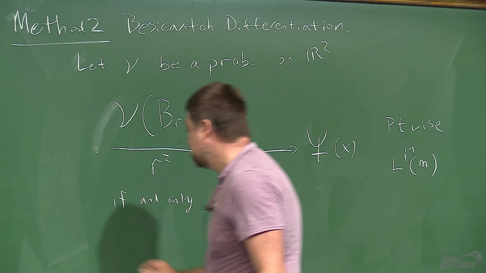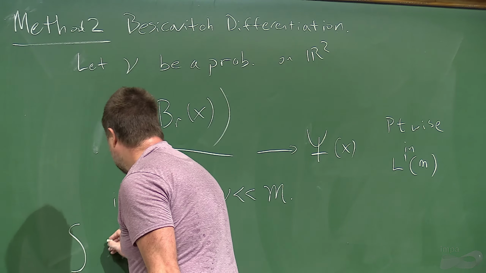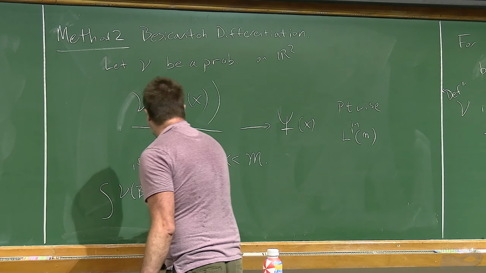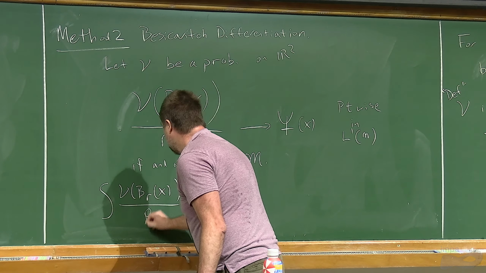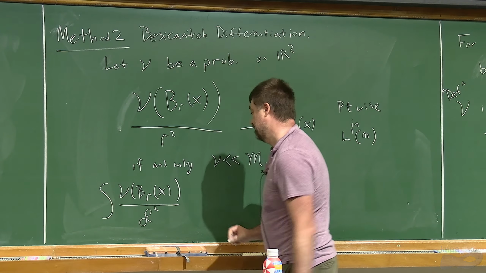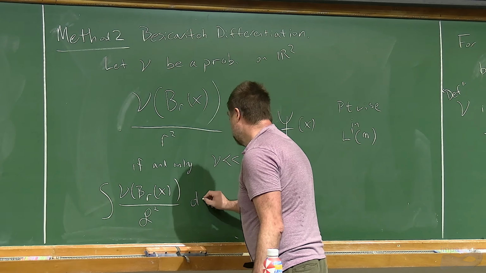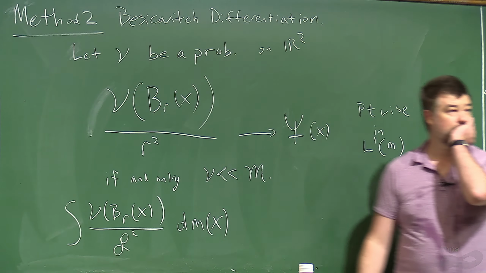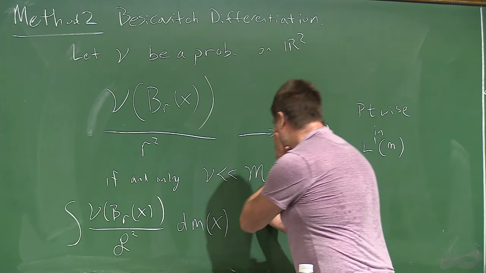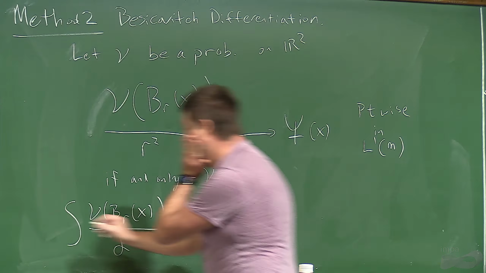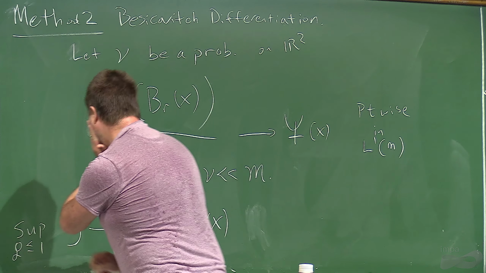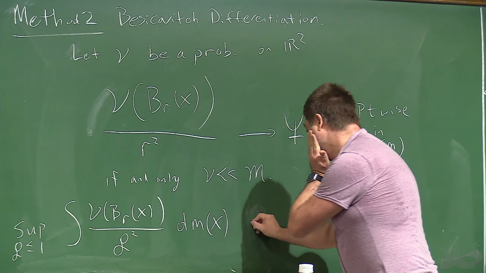And so this means that if I look at the integral of nu of a ball of radius r centered at x divided by rho squared, and I integrate with respect to Lebesgue at the center point, then the sup over, let's say, rho less than or equal to 1, of this thing is finite.